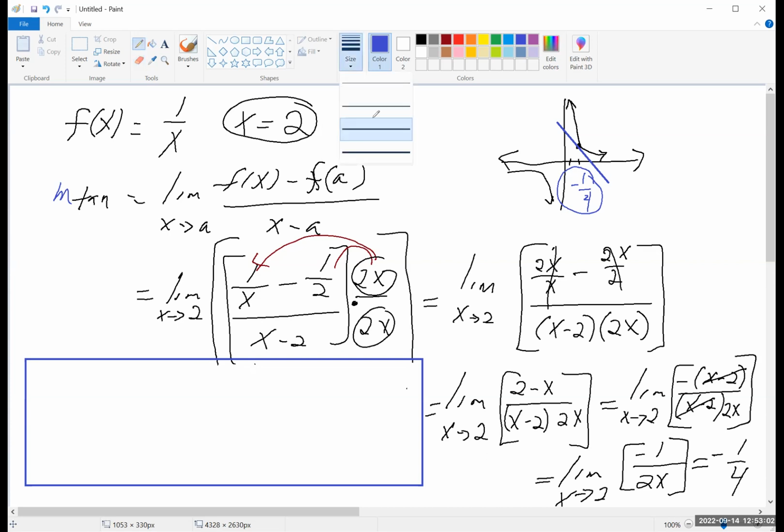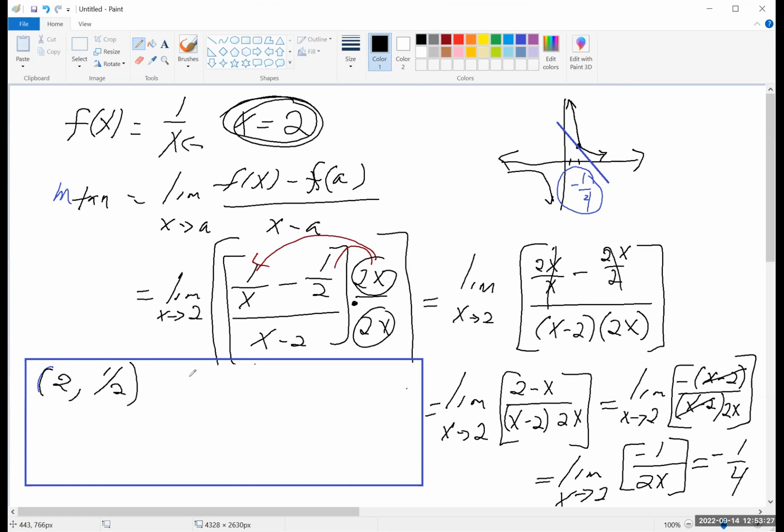So then I know the slope, which is great. The point that I'm interested in is x is 2. That just comes from the given. And then f of 2, plug in a 2 here. So this is going to be 1/2.